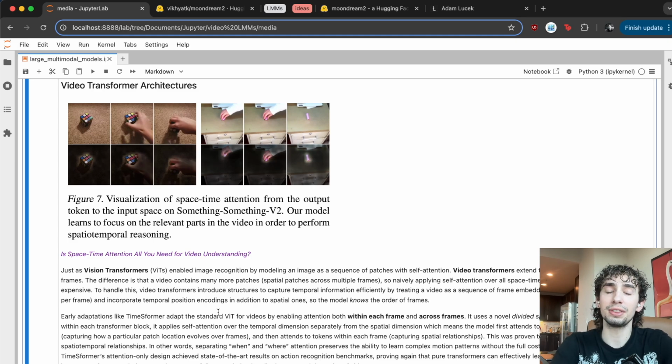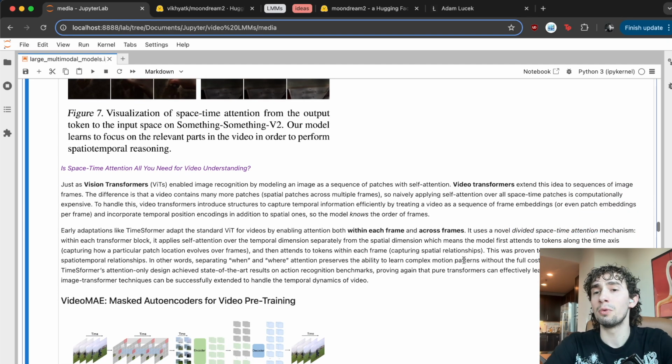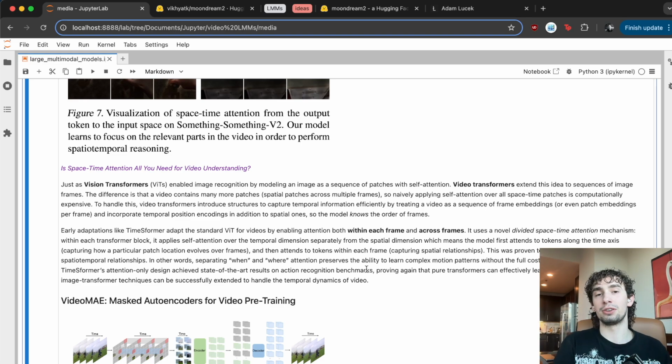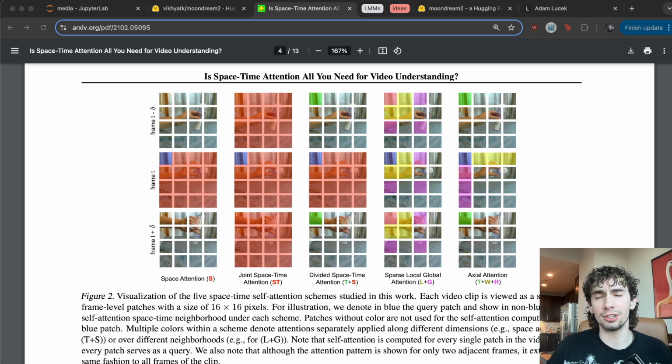So it uses what they call a divided space-time attention mechanism, where with each one of these transformer blocks, it applies self-attention over the temporal dimensions separate from the spatial dimensions. This is a very fancy way of saying that it just separates its understanding of when something happens and also where something happens into two separate calculations, not trying to do this jointly at the same time.